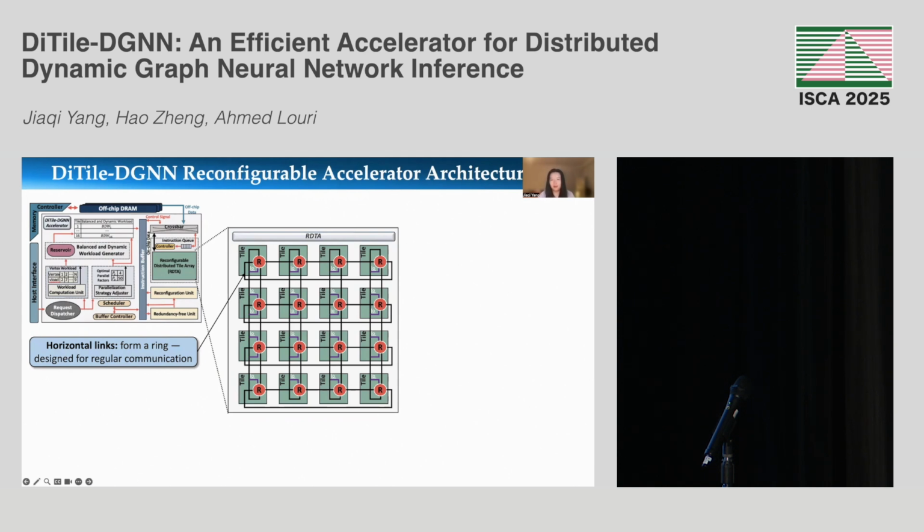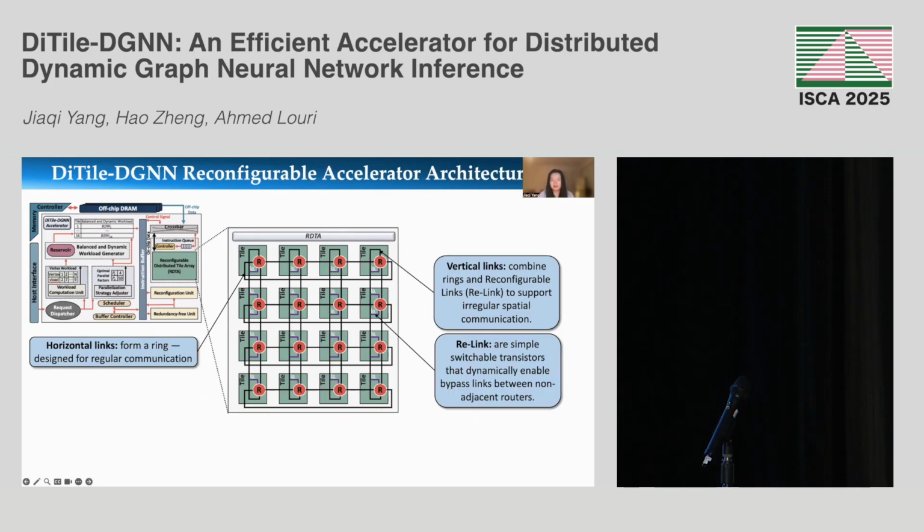It is designed for regular communication, such as temporal dependency propagation in RNN kernels, and reuse of intermediate results across snapshots. The vertical links combine rings and reconfigurable links to support irregular spatial communication during the GN aggregation. These reconfigurable links are simple switchable transistors that dynamically enable bypass links between non-adjacent routers, helping minimize the hop count, reduce the congestion, and increase routing flexibility.